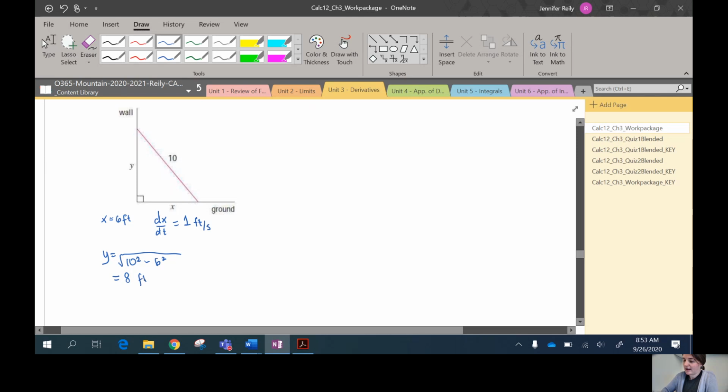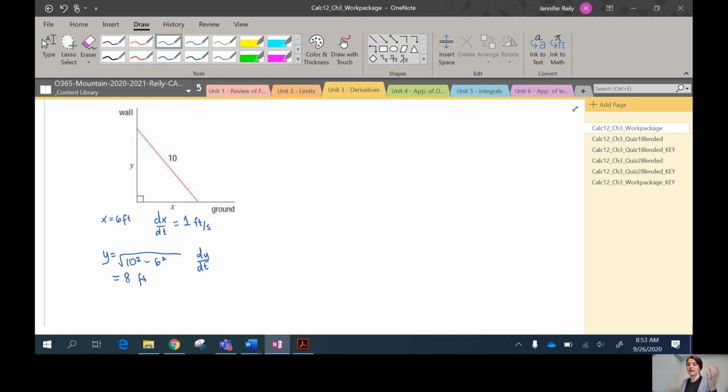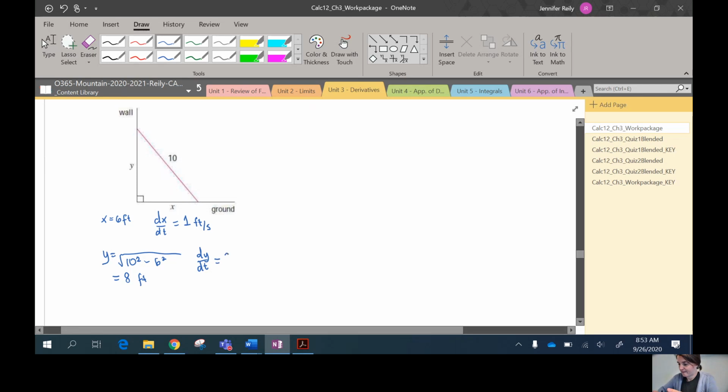So y would be 8 feet. And the derivative of y with respect to time is what we're interested in. We want to know how y is changing with time. That would tell us how fast the ladder is falling. So I'm just going to circle this, and we want to find this.